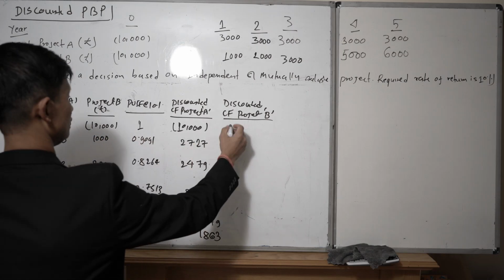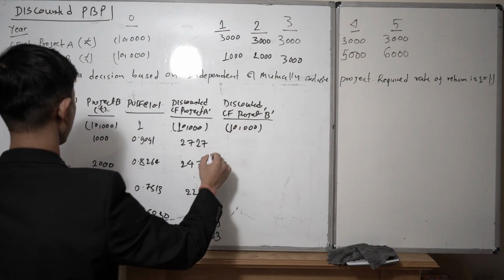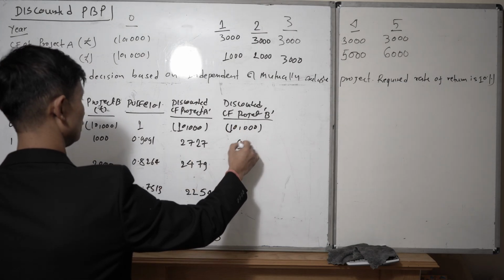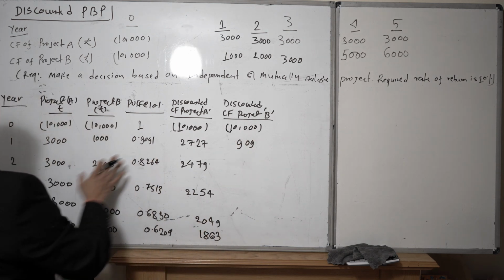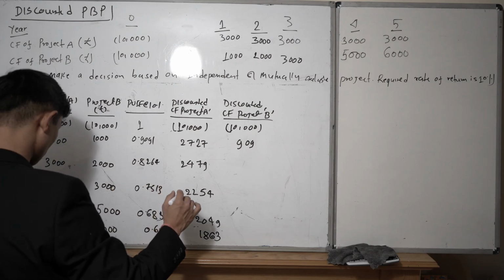Now let's have a look at project B. Project B is still minus 10,000 in year 0. Multiply 1,000 by 0.9091, we get 909. Let's multiply 2,000 by 0.8264, we get 1653.